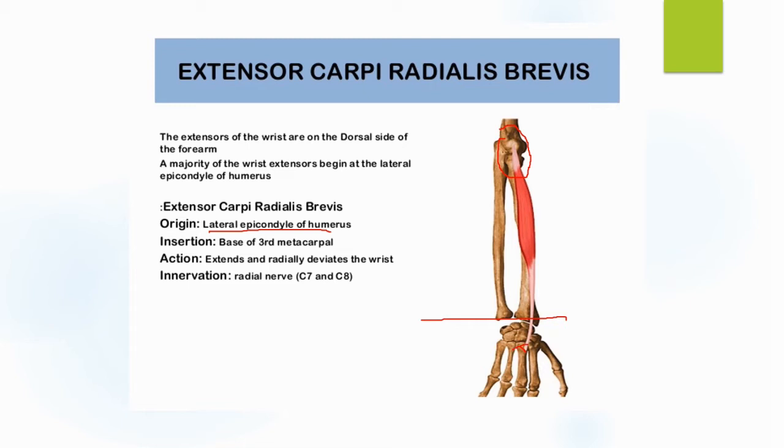Because of this anatomy, the extensor carpi radialis brevis functions to extend and weakly radially deviate the wrist. So manual muscle testing to specifically isolate this muscle would involve resisted wrist extension and resisted radial deviation of the wrist.